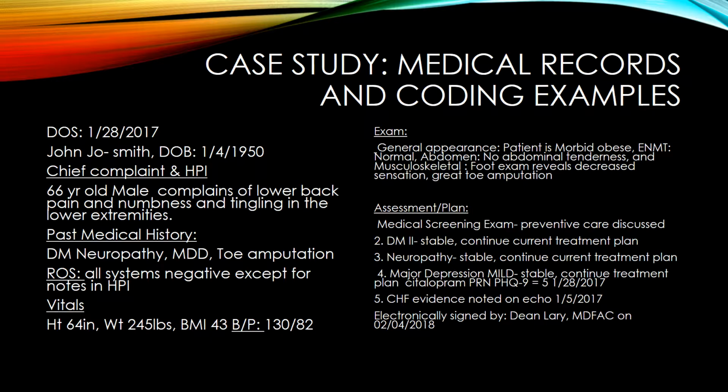PHQ-9 is a 5, dated on today's date, which was 1/28/17, and the patient also has CHF, which was evidenced on the echo back on 1/5/2017. Then you have the provider's signature, electronically. He did not sign it on the same day; he signed it on February 4th, 2018, which is actually okay.